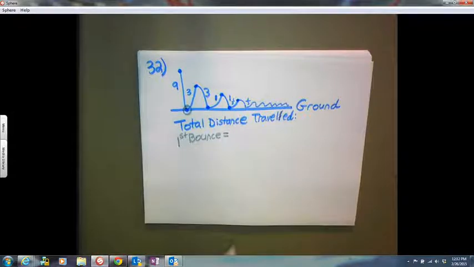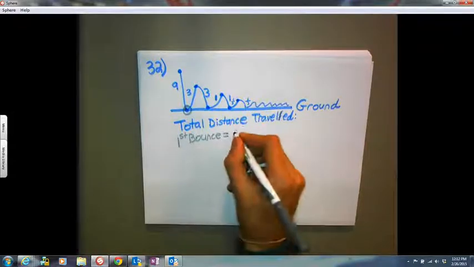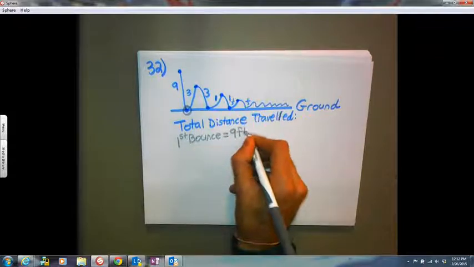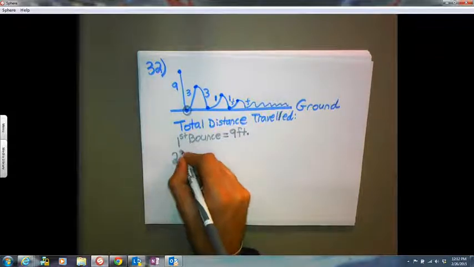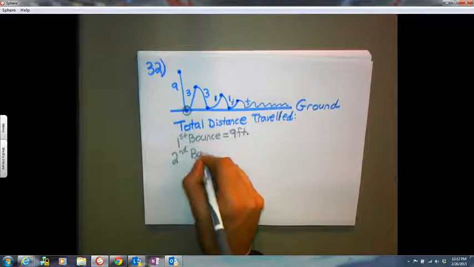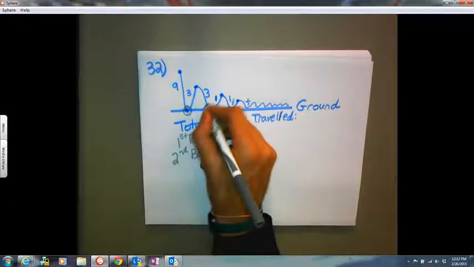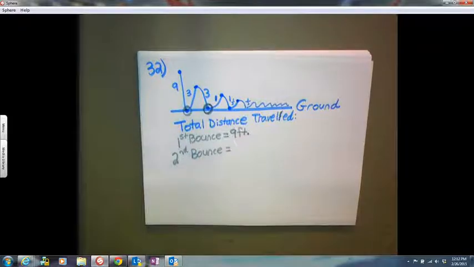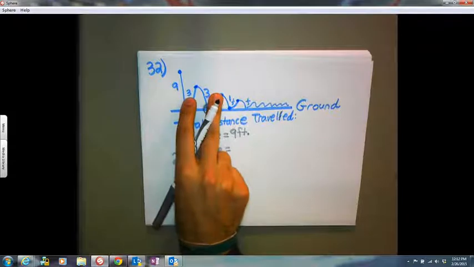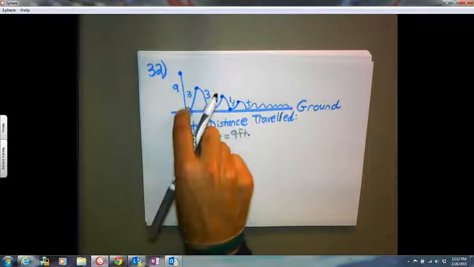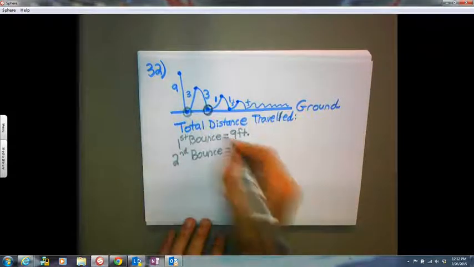Because it says the instant it makes the first bounce, hits the ground, so 9 feet. Look at the second bounce. What would this be? How far has it traveled here? 6 plus 9, right? It already came this. So in total, because they're on the total distance traveled, 15 feet.